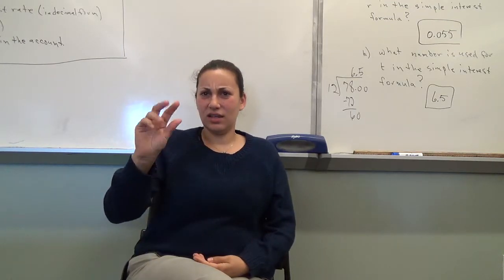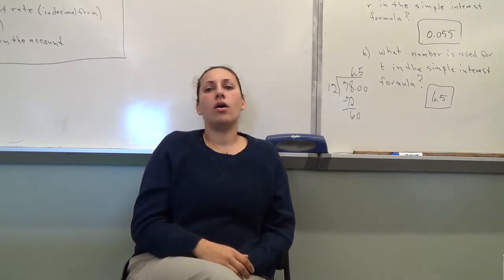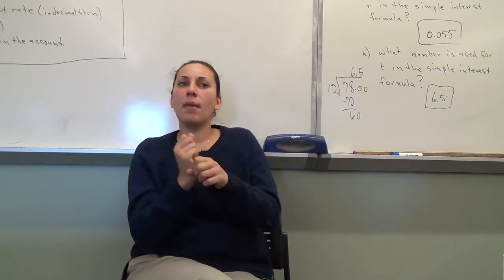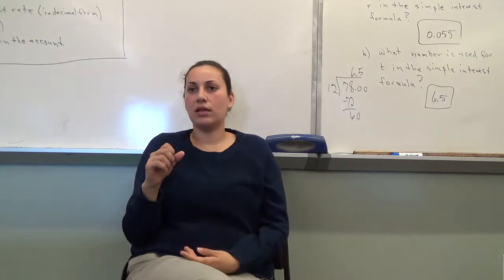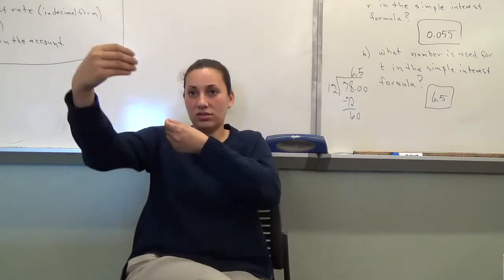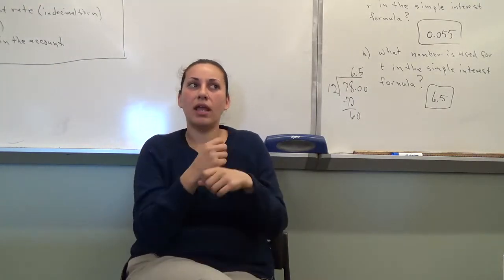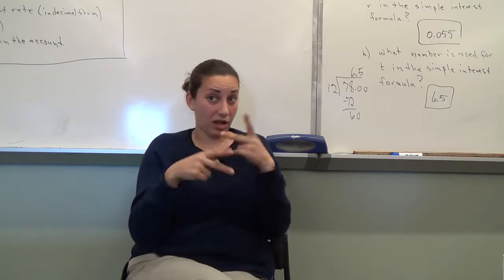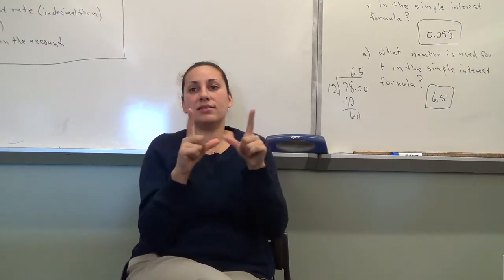So what's the difference going to be between what we have here and what we have here? The only thing that is changing is the interest rate, right? So let's go ahead and figure this out. Remember that the A here is the total amount in the account at the end of the 3rd year. So it's going to be $2,000, because we're investing $2,000 rather than $1,000, so that's our principal.